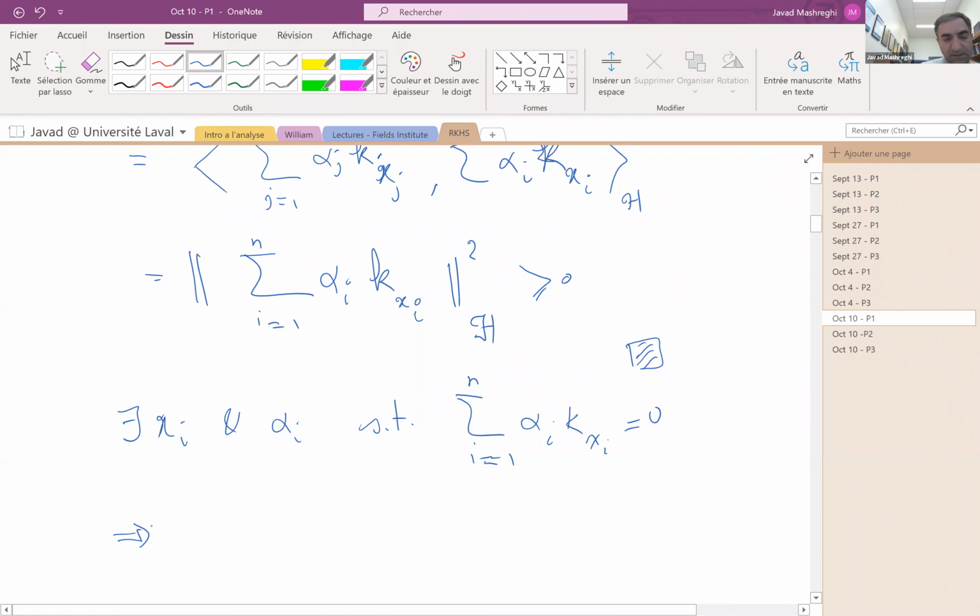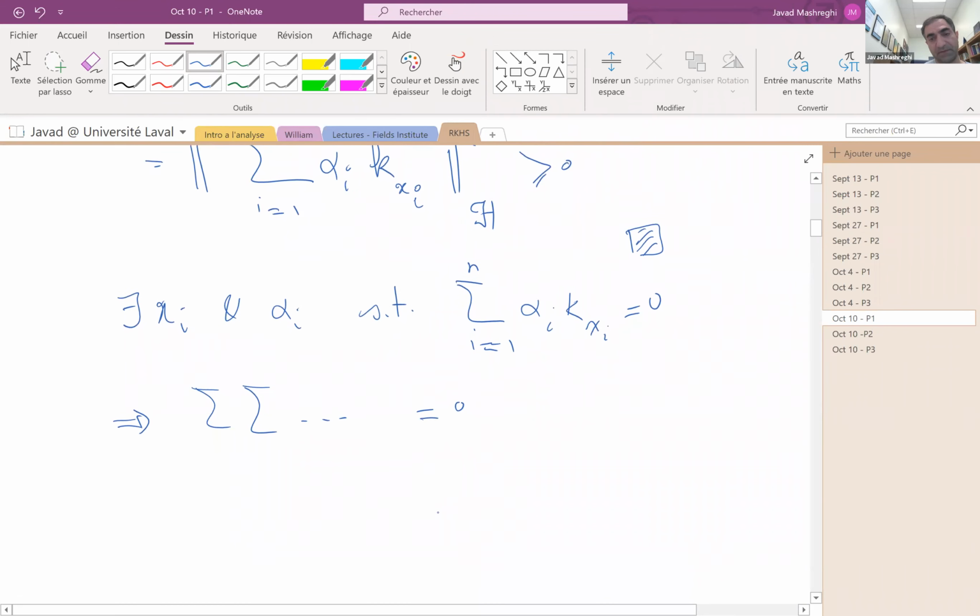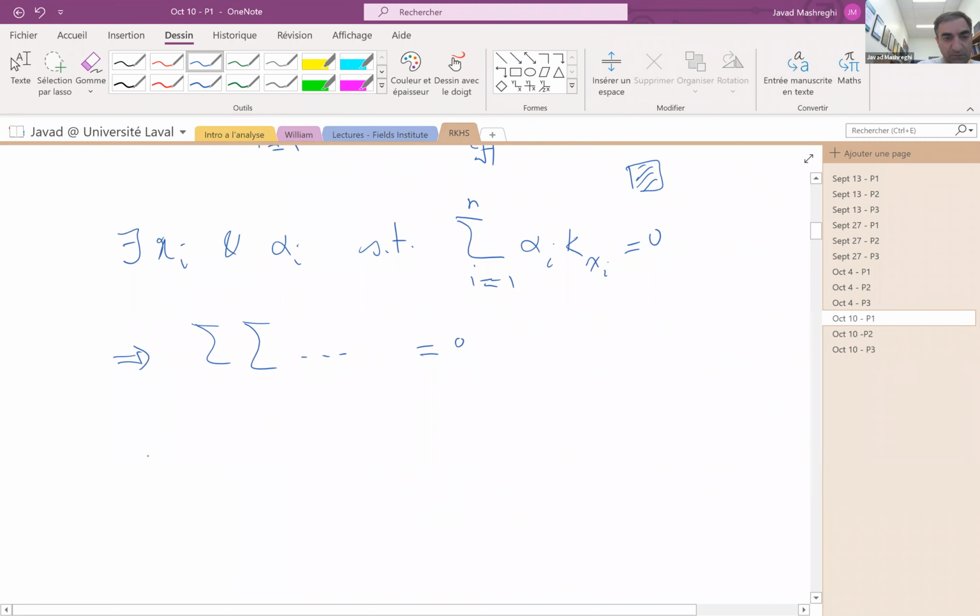Then the double sum that we have above is identically equal to 0, and we do not have strict positivity. In other words, the kernel functions at points, for any choice of any finite number of points, should be linearly independent. So I can write it this way.